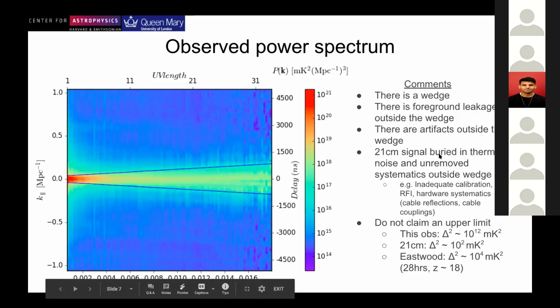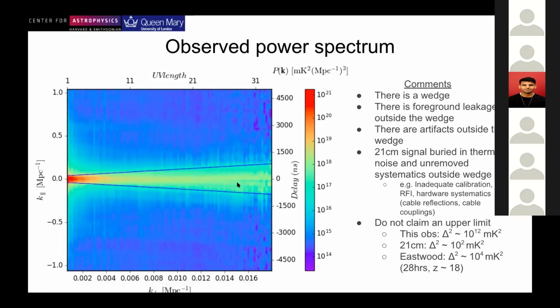I'll make some comments now. There is a wedge, so that's good. There is foreground leakage outside the wedge, and there are artifacts outside the wedge. So there's a faint artifact here that drops as you go from left to right, and that's due to cable reflections.